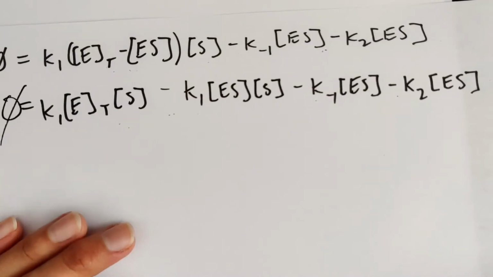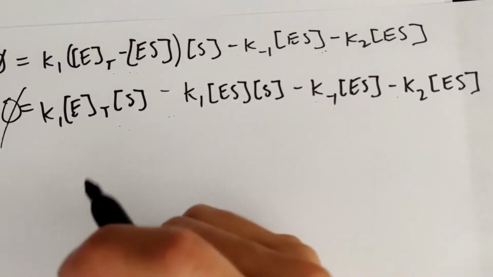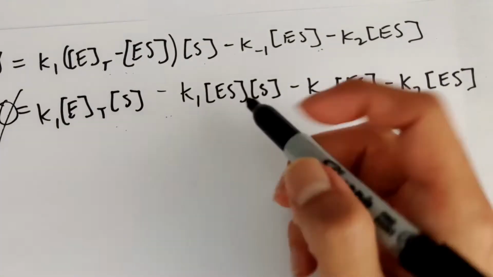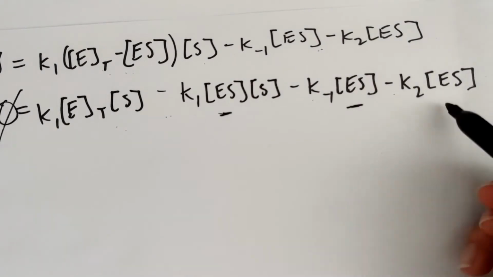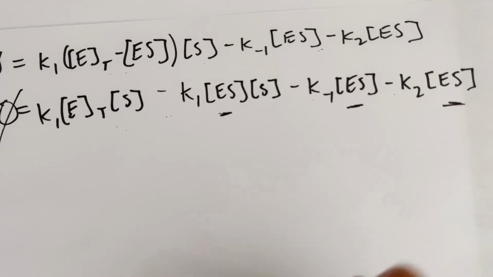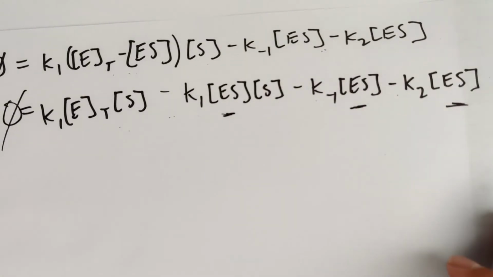Alright. Cool. From here, we'll want to isolate ES and move this over to one side of the equation. So what would this look like?